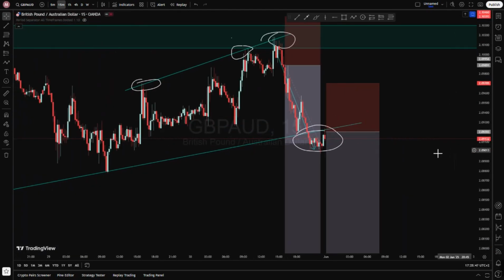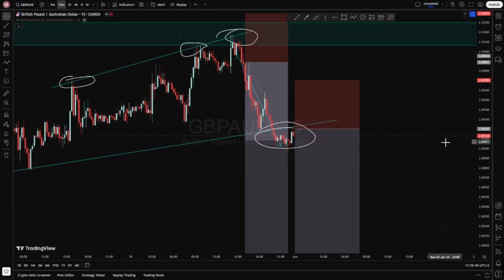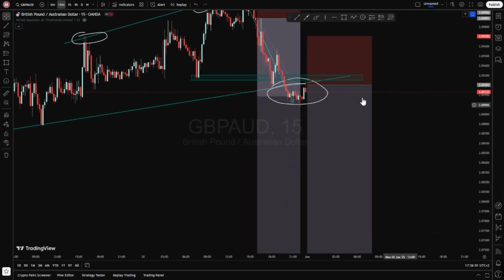So this is the 15 minutes time frame. On the 15 minutes time frame, we have this low right here. Price already almost tapped into this level. I think it would be nice to see price drop from this level.